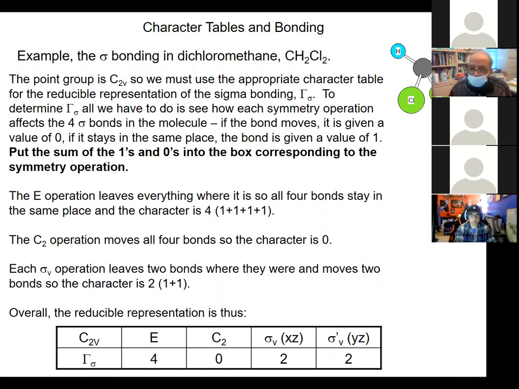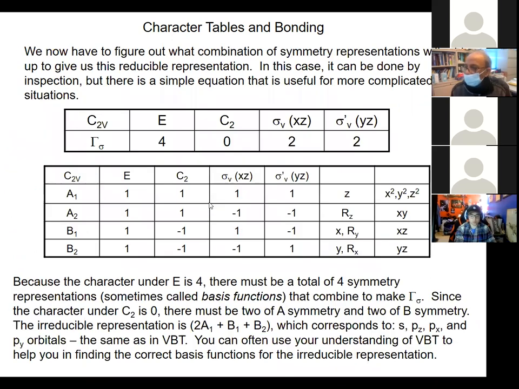Okay. So in the next lecture, we will continue from here. It's already 3:15, 3:12, because I need to now explain to you how the reducible representation that we just got for CH2Cl2, the tau sigma is 4022, should be tied up to the character table in terms of defining the irreducible representations.